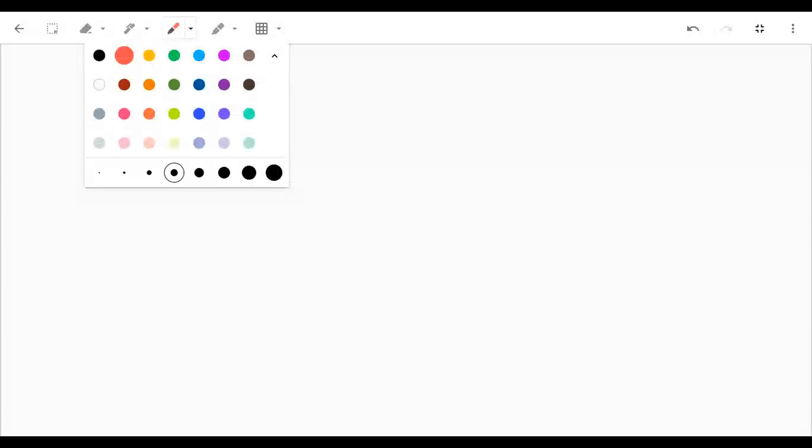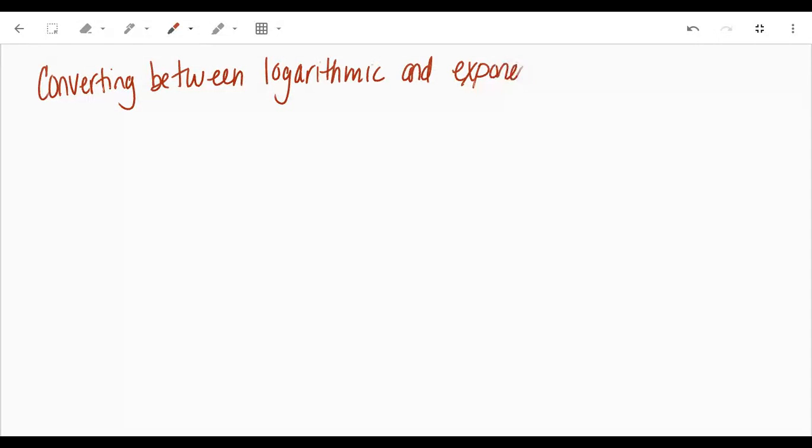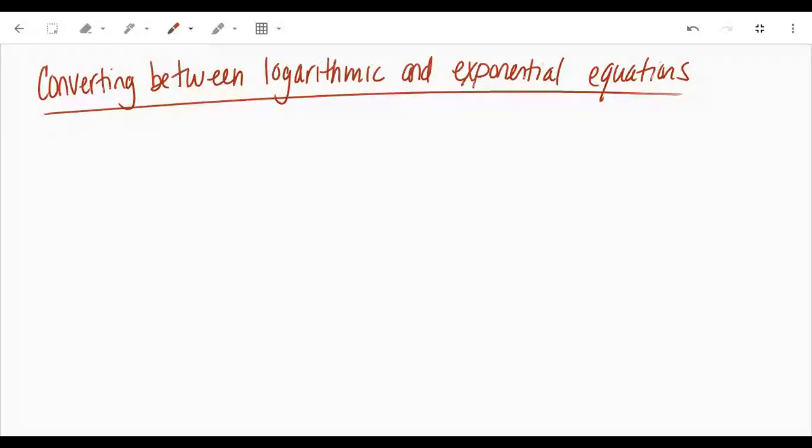Next we have converting between logarithmic and exponential equations. Again, you might remember this from Algebra 2.